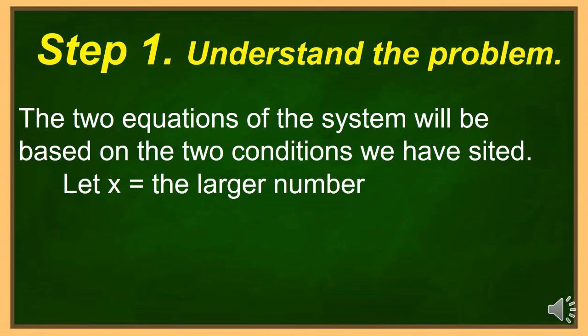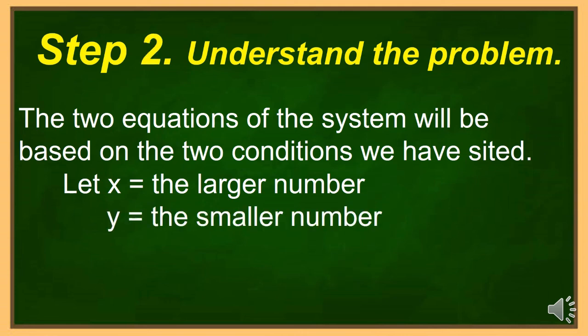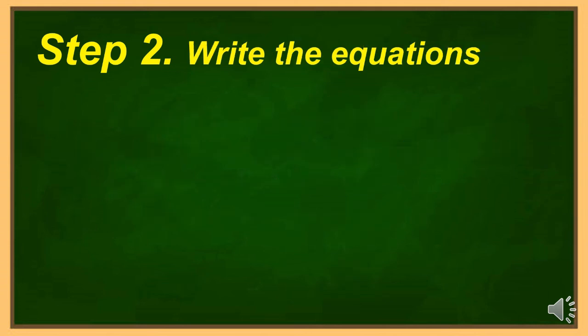Therefore, we have to let x be the larger number and y the smaller number. It is assumed that the two numbers are not equal. Why? Because their difference is not 0. Therefore, one is larger than the other number. Again, we will set x as the larger number and y as the smaller number.